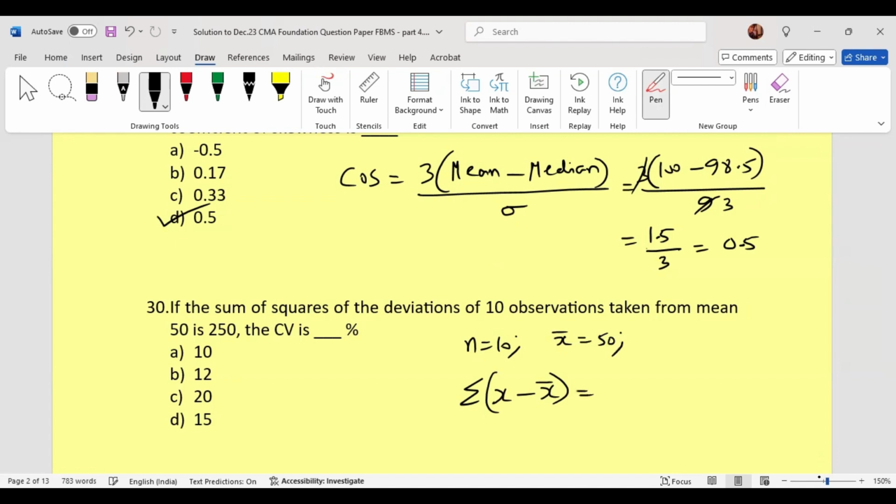So this is given as, sum of squares. This is given as 250. So if we divide both sides by n, n is 10. So this becomes your variance.